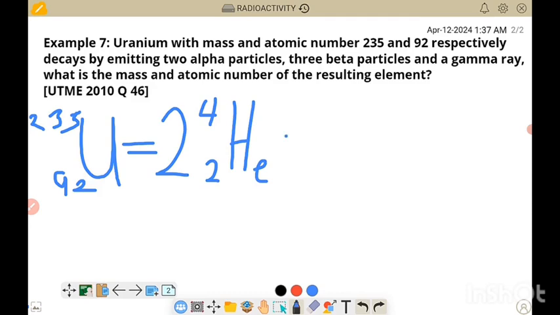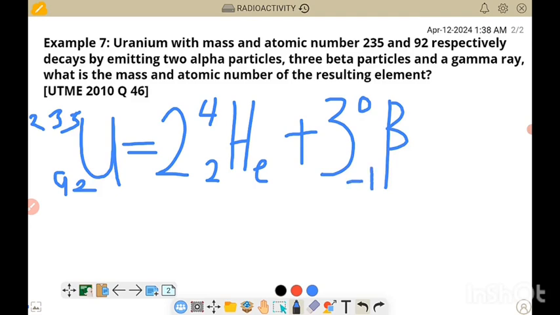When an atom emits beta particles, the mass number will remain unchanged, while the atomic number will increase by 1. And we can have that one in this form. This represents a beta particle. According to the question, it emits 3 beta particles.